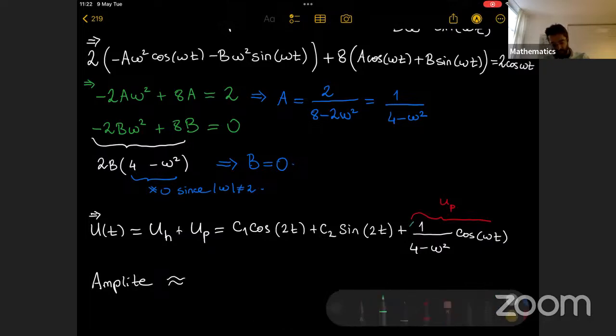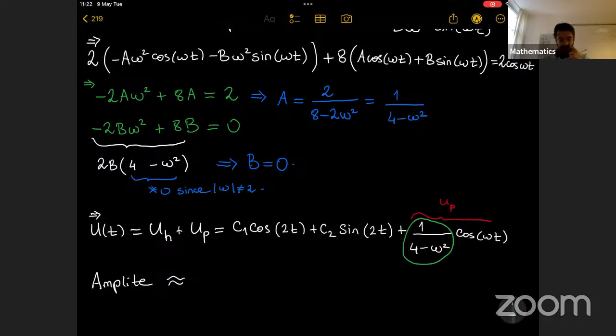From this part, the amplitude is simply like C1 or C2. It depends on C1 and C2, and they are constant. But if W is very close to 2, 1 over 4 minus W squared will be very, very large. So it will dominate the amplitude, right?